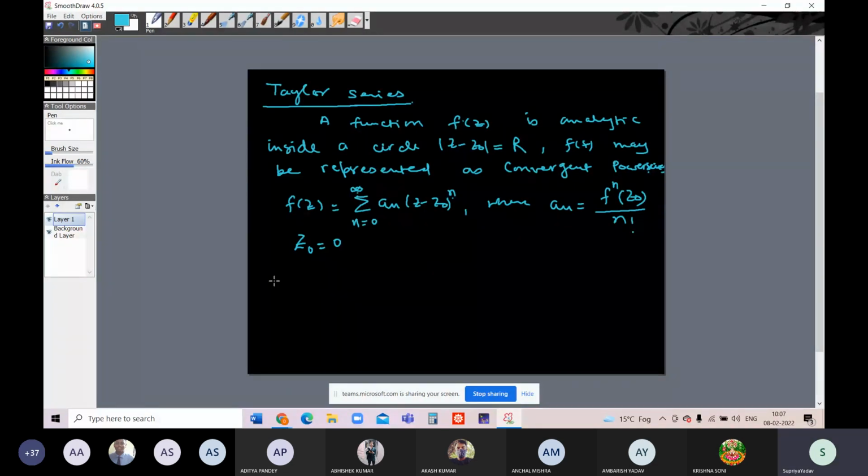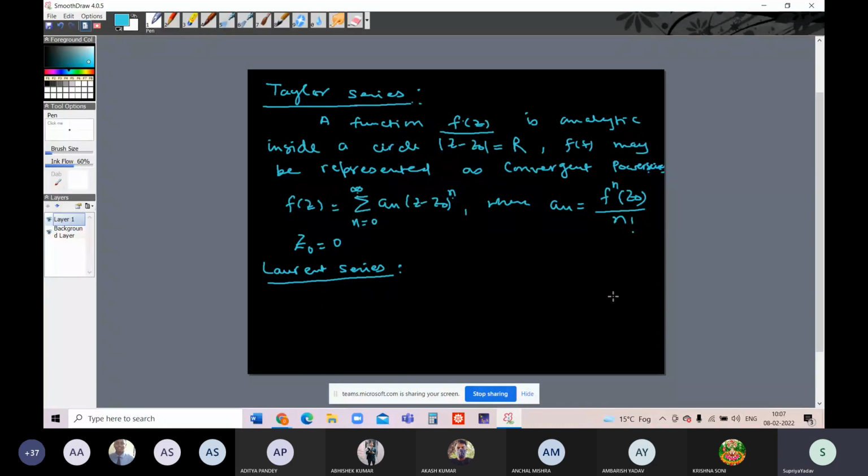Okay, so next is the Laurent series. Here we take a circle about this point z0 where the function is analytic. But suppose we have a function which is analytic inside this circle but is not analytic at a particular point.